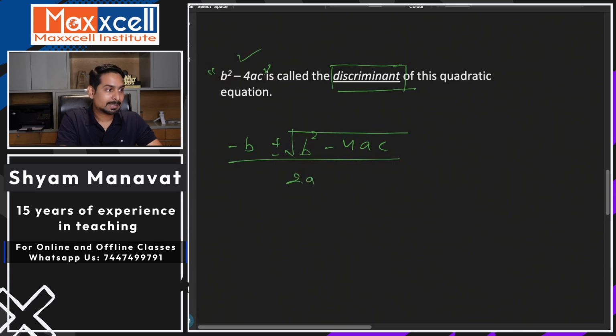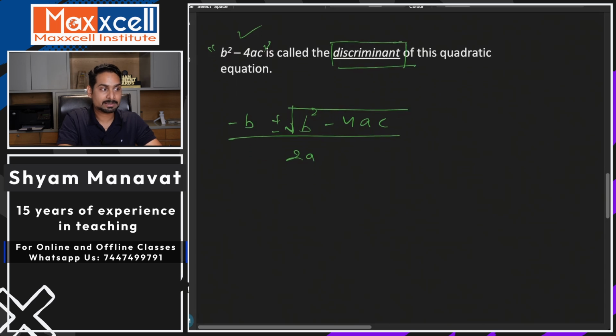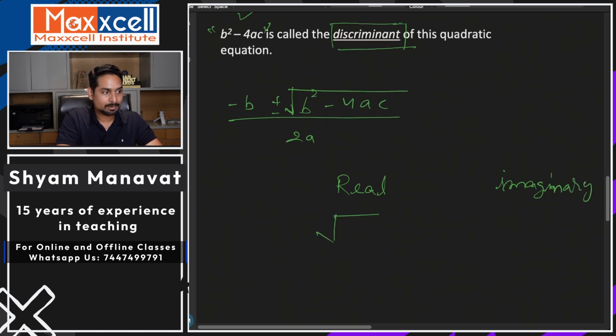That means this square root actually differentiates between real numbers and imaginary numbers. If you have the square root of any positive number, that will get you a real number. If by chance you get the square root of a negative number, that will become an imaginary number. So the value under the square root really makes a difference.